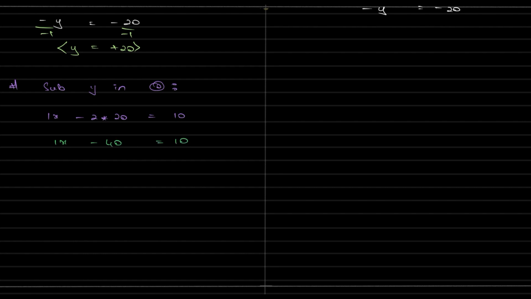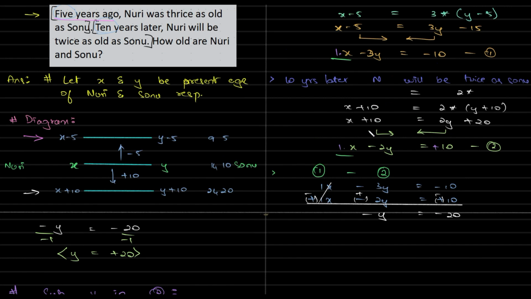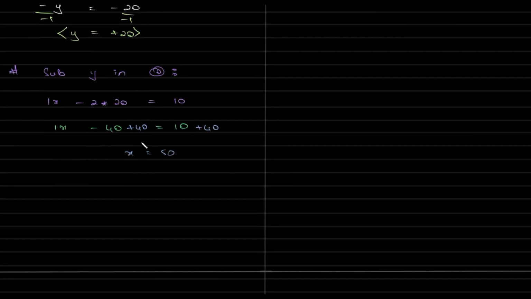We add 40 and we have x is equal to 50. Let's verify if this is correct. 50 minus 2 into 20 is 10. That makes sense. 50 minus 3 into 20, that is 60, gives minus 10. Both are correct, and thus we have the answer.